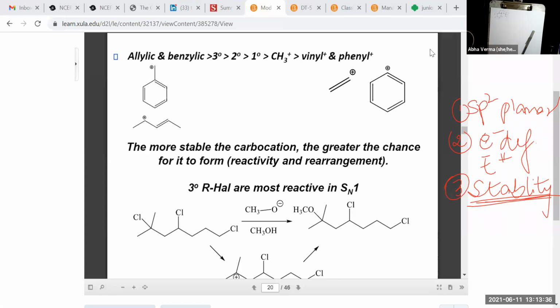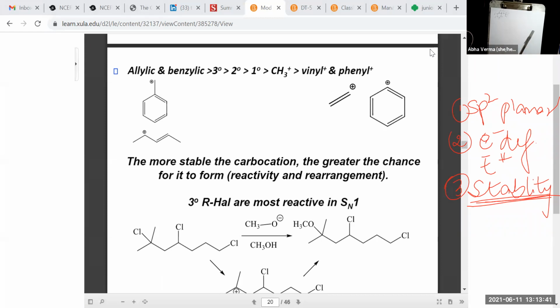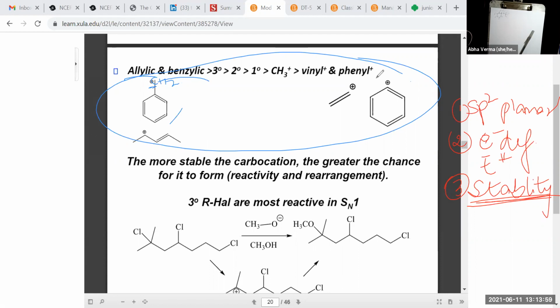So why is this particular order so important for us? Allylic and benzylic are the most stable forms of carbocations. So this is a carbon CH2 with a plus sign here. This is your benzylic carbocation, whereas this is your allylic carbocation. So this carbon is labeled as C.